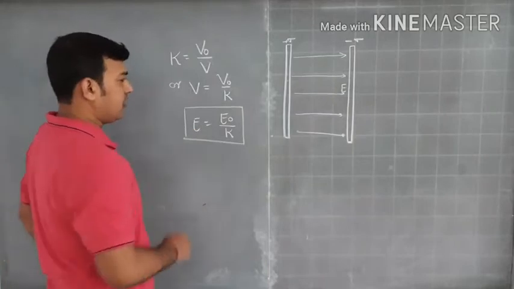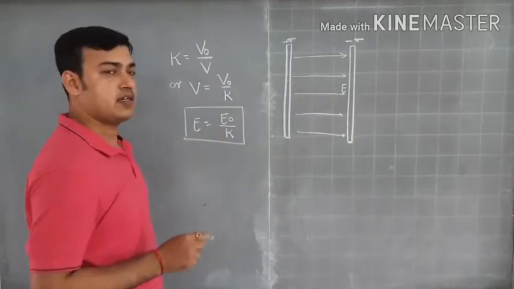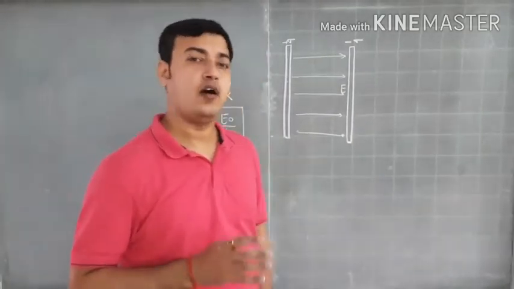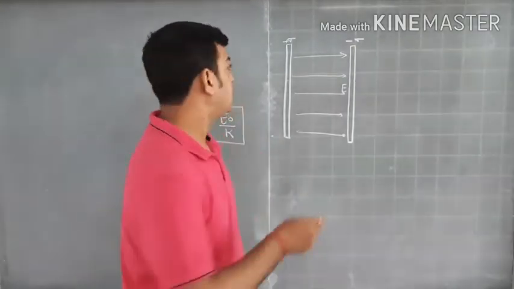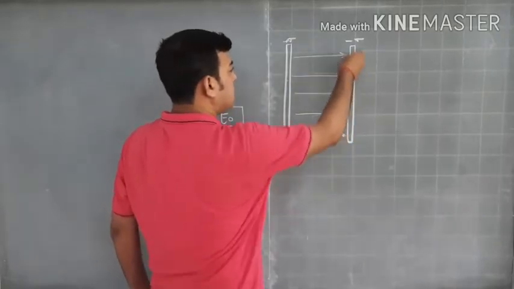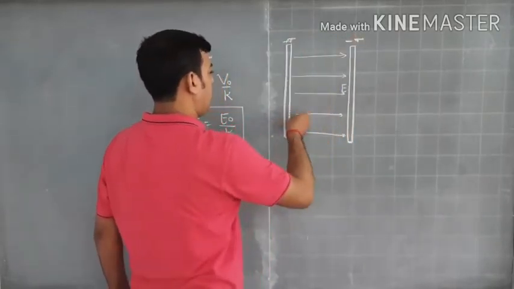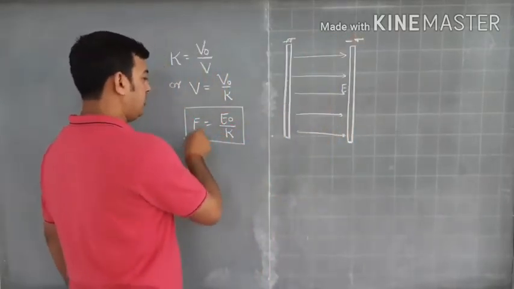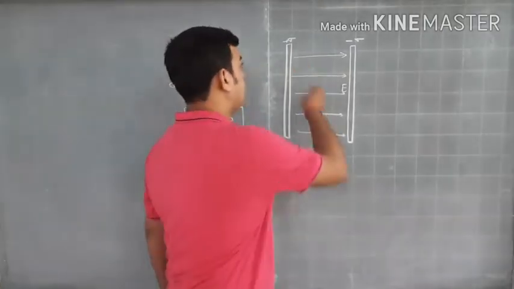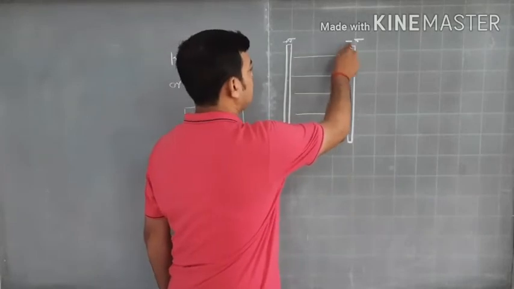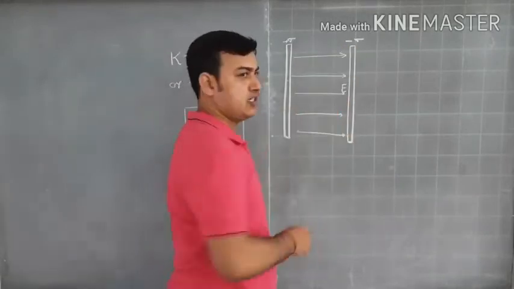Now, since the electric field is decreased by the factor K, what is the reason, or how does this electric field decrease? The idea is that the charges on the plates are producing this electric field. If the electric field is decreasing, you may think that the charge densities on the surface change.